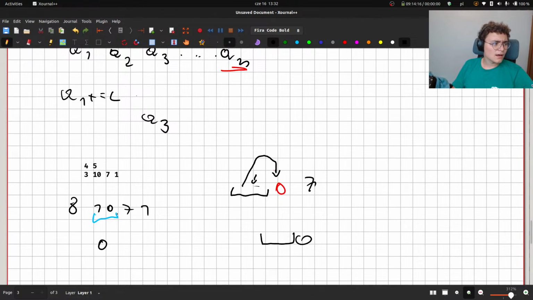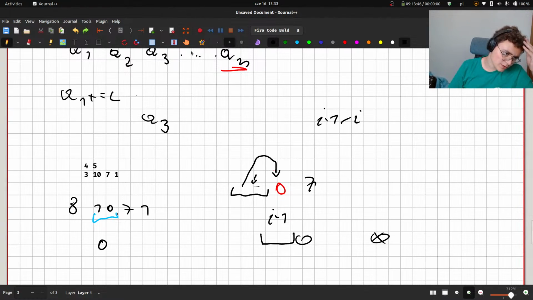And if after deleting the whole prefix I am bigger than the maximum, then I count the size of the prefix, so I minus 1. But if I am still smaller than the maximum, then I also delete the maximum, and as I get the votes from the maximum, now I will be the new maximum. So our answer will be I minus 1 or I. Right? So we will check this using prefix sums.